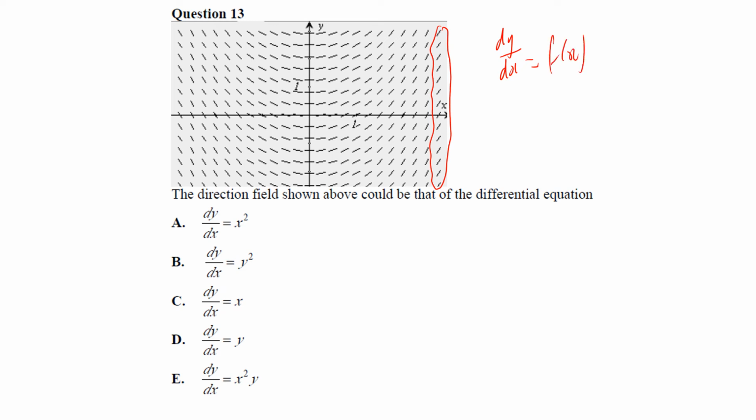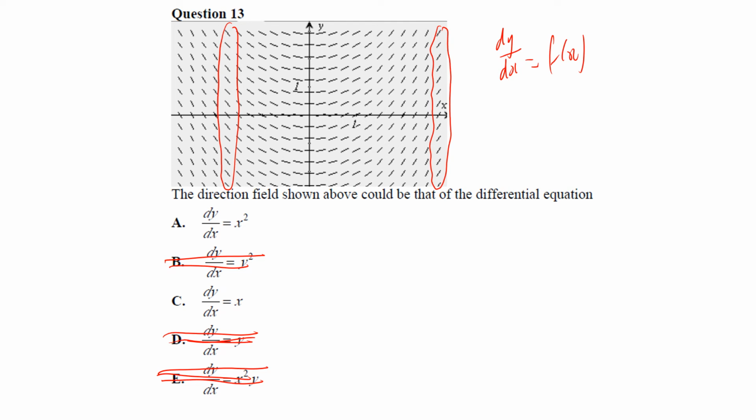Have a look anywhere you like. Let's have a look over here. Uniform vertically, so it's not dependent on y at all, only on x. So anytime I see dy dx as a function of y, I can eliminate it. And in one fell swoop, I've eliminated 3 out of 5.